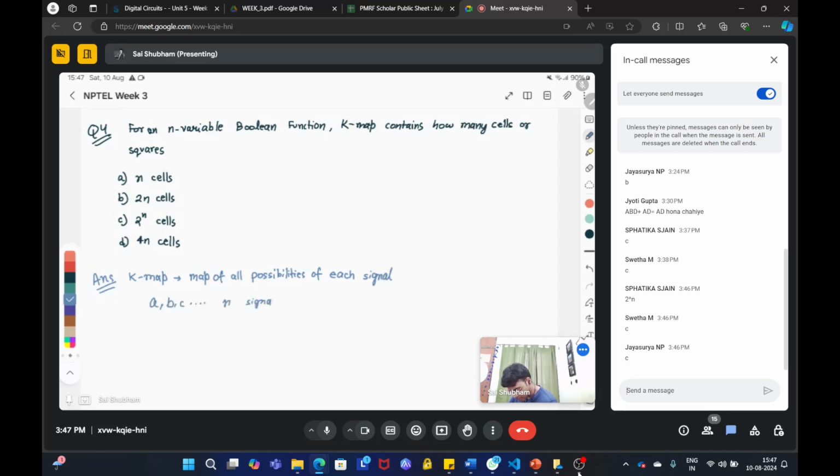So my signal A can either be 0 or 1. Similarly, my signal B can be 0 or 1. My variable C can be 0 or 1. Like that. So for each signal, there are two possibilities. And how many such signals are there? Suppose there are n signals. So the total possibilities would be 2 power n. 2 multiplied by 2 n times, which will be 2 power n.